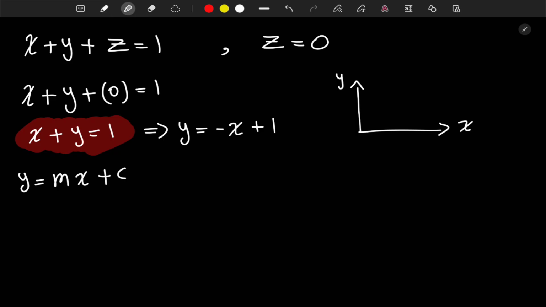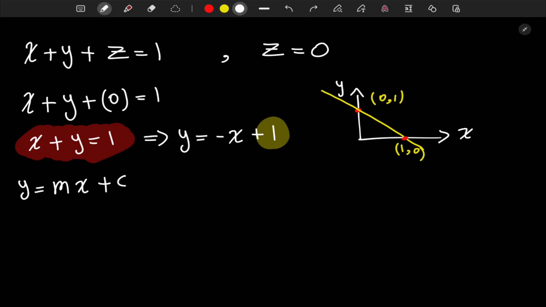So 1 is the y elevation, so our first point will be here, and minus 1x, so the slope is going to be minus 1. So our line will be something like this. This is the point 0, 1. This is the point 1, 0.